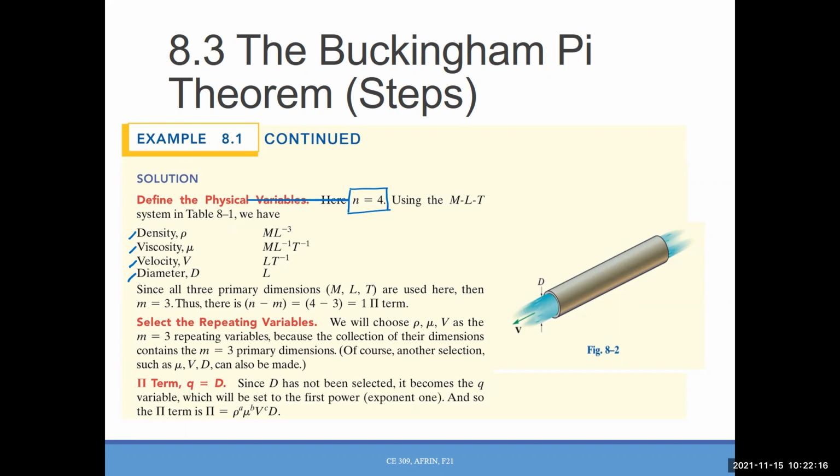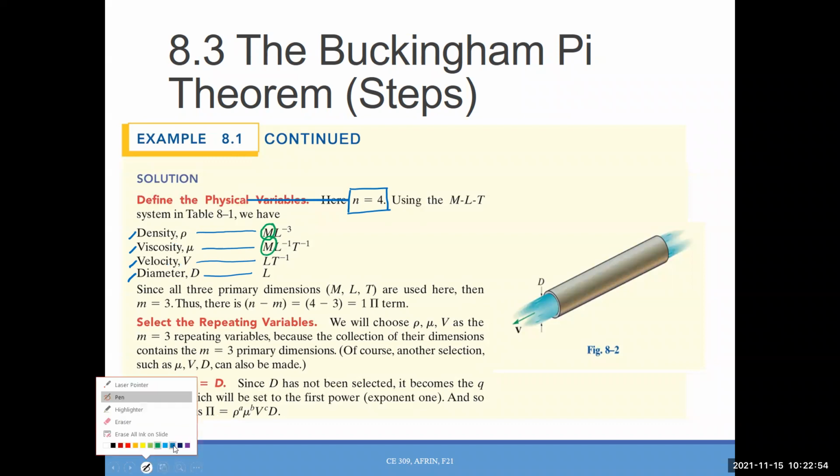And they said the number of primary dimensions. To get that, we need to go back to table 8.1. Can you go back to table 8.1? You can check the dimension for density, for viscosity, for velocity, and for diameter, right? Now, how many different dimensions do we have? We have M, right?